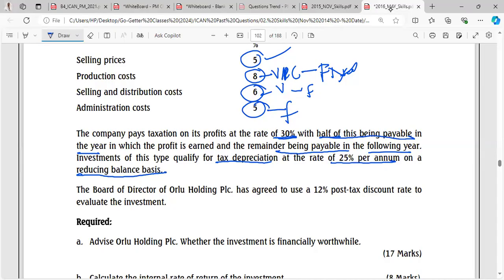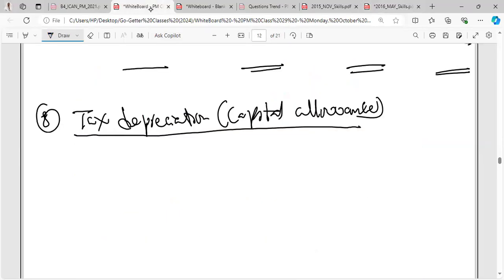So this is not straight line depreciation, it is reducing balance. How do we do reducing balance? Remember, it's 25%. So we will say this is 2016, 2017, 2018, 2019.